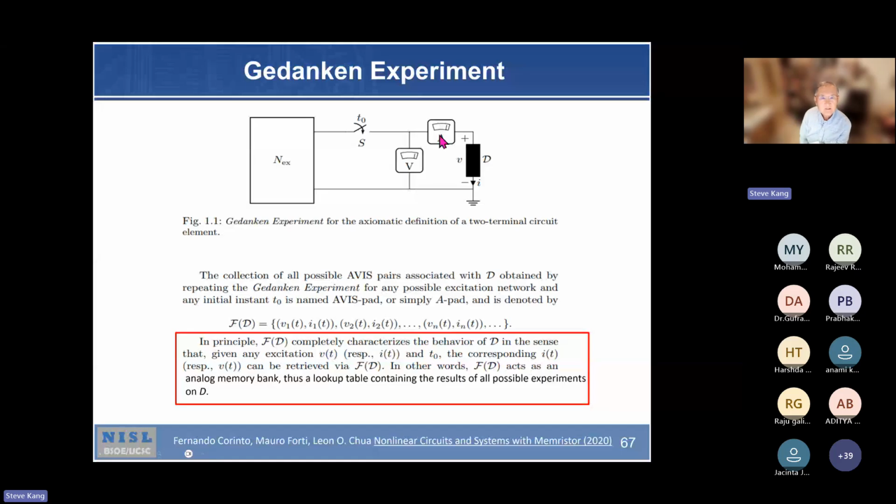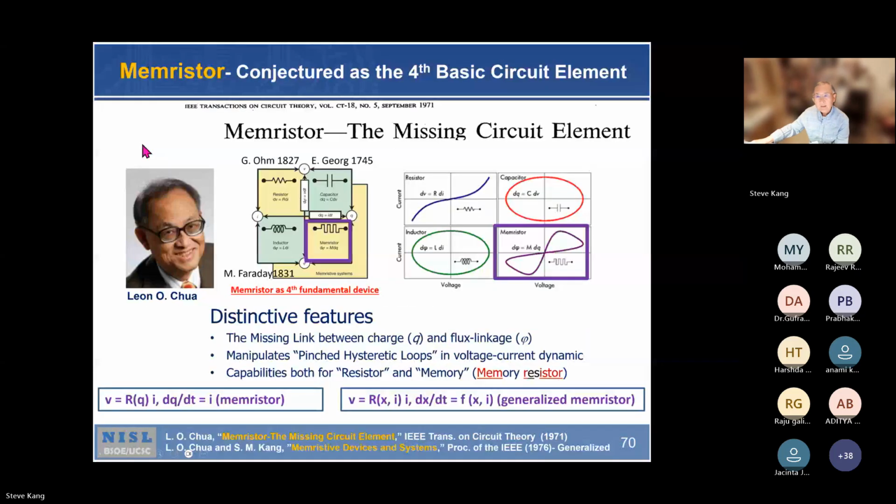So this is a further explanation of a memristor, as discussed in the 1971 paper by my advisor Leon Chua. He described that it's a voltage-current relationship. If it's nonlinear, it's a single curve passing through the origin. If it's linear, a straight line, but if it's nonlinear, it would be curved like this.